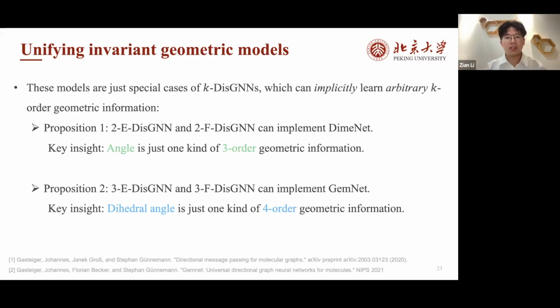And it's worth noting that although our models and the other DisGNNs can all learn the angle or dihedral angle information, our models have the ability to learn arbitrary k-order geometric information. So our models can be more flexible for different real-world tasks, and they can perform well in a data-driven manner.